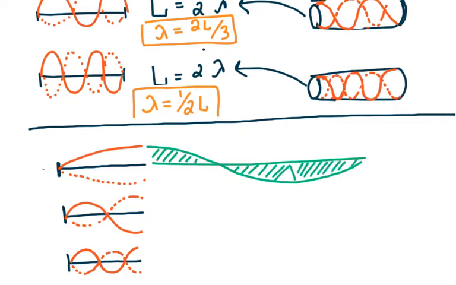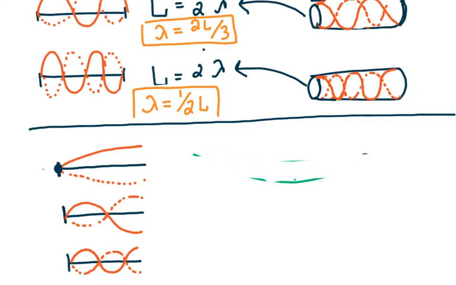So what I see is only 1/4 of the wave, because in order for the wave to be a full wavelength, it needs to go from here to here, and I only see 1/4 of it. So here I'm going to say if this part is L, then your L is only equal to 1/4 of the wavelength.